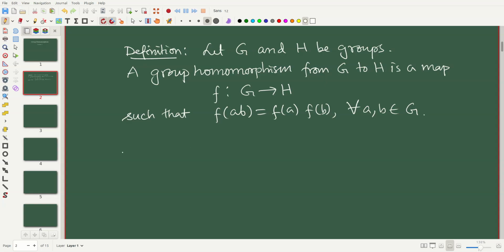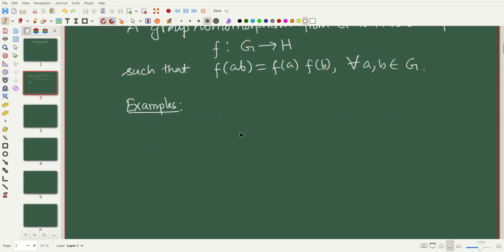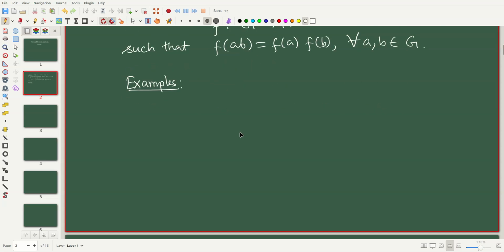Example: the first example is a trivial one. Let G be a group.